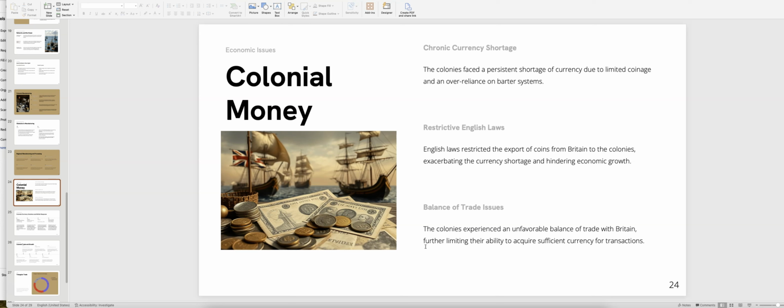Not a lot of currency out there. And what currency you do have is going to be largely coming from England. And England's not going to want to allow a lot of other coinage to come into the country, again, to create that dependency. And they don't want to provide a lot of capital.